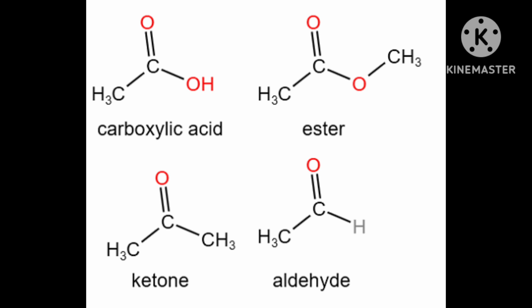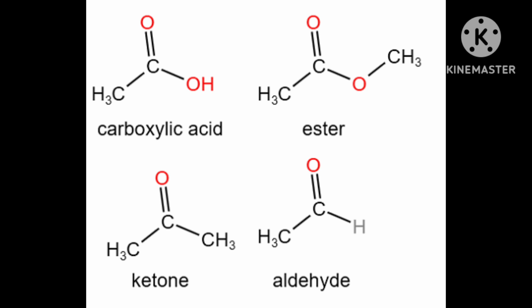Now what will be the name? At carbon number 4, bromine is there. That's why it is called 4-bromo. And before bromine, at carbon number 3, a methyl group is attached. That's why it is called 3-methyl.